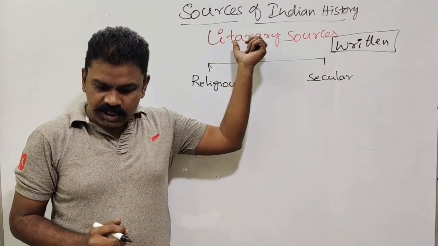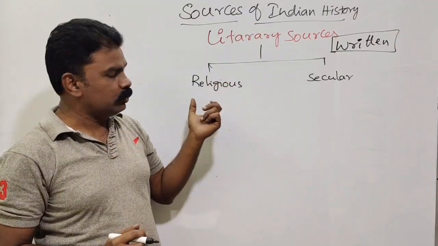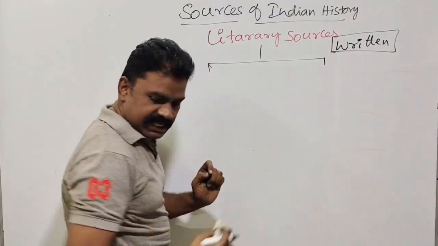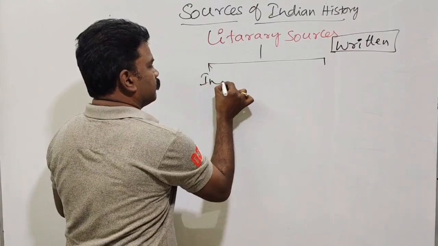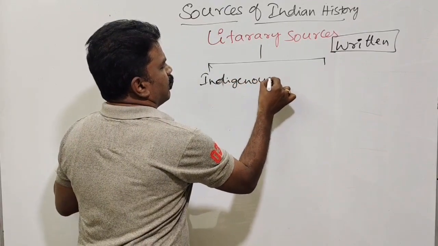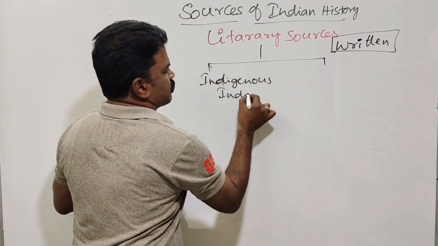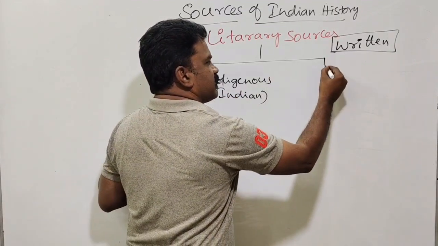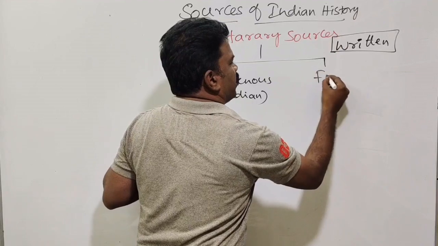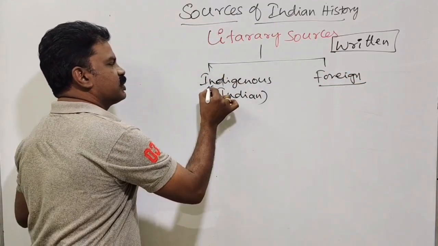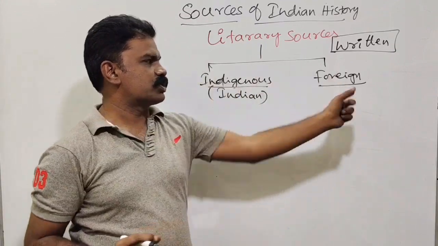So literary sources can be divided into two parts: indigenous, meaning Indian literary sources, and foreign literary sources.